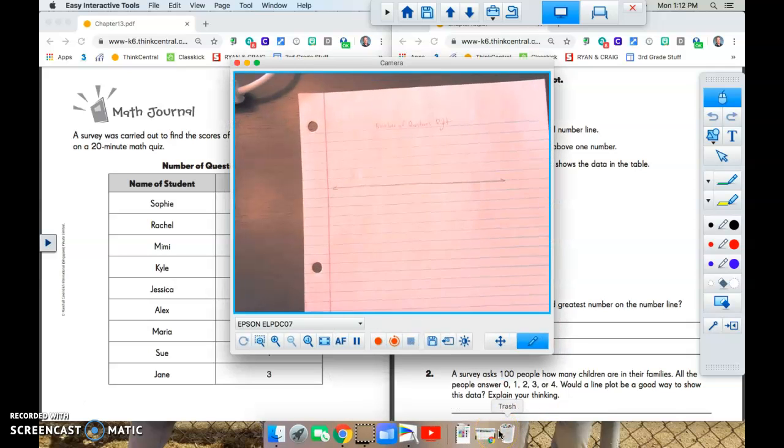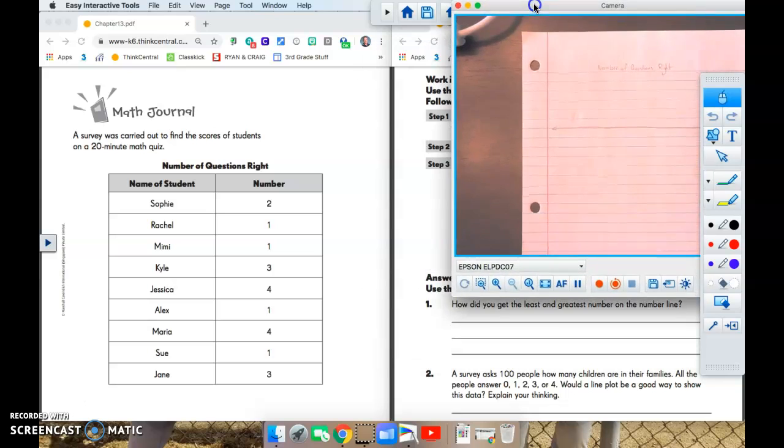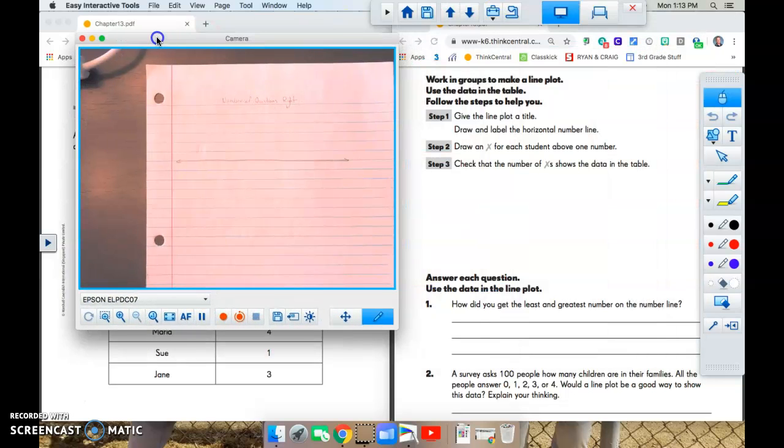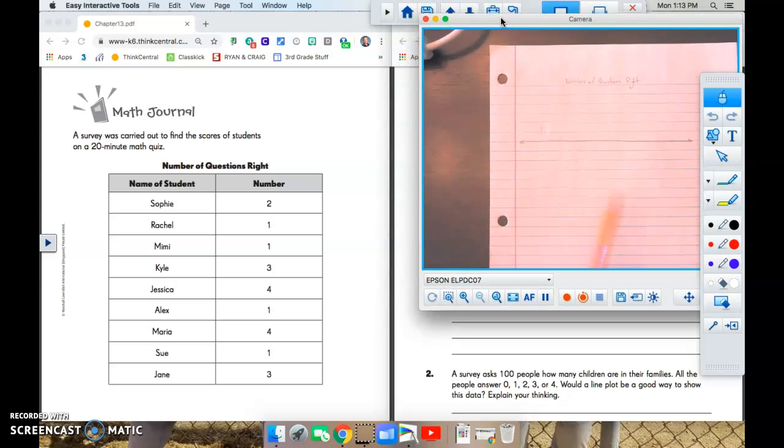Wish it would show up a little bigger for you. I could keep them both on here. Number of questions right. And then we can also go with draw and label the horizontal number line. So the horizontal means like the horizon going across. So we have number right.